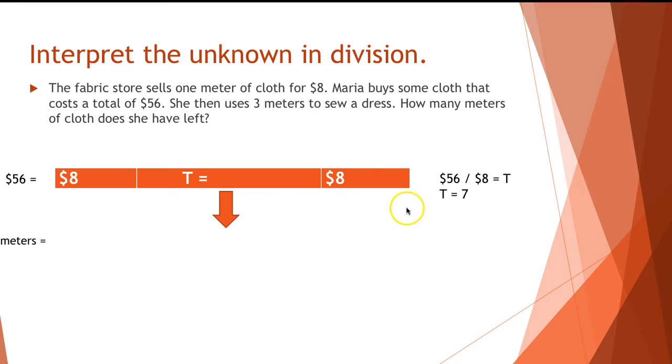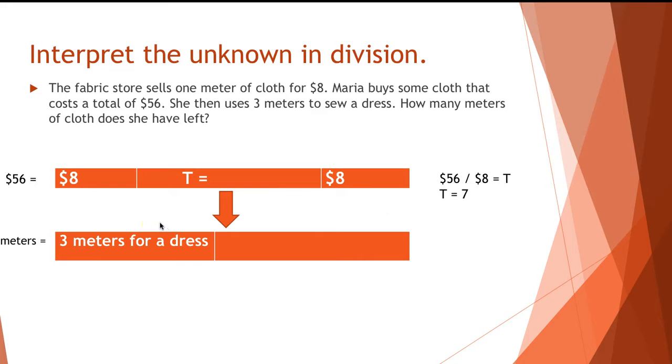Now, if we have 7 meters and we know that she used 3 meters for the dress, how many meters of cloth does she have left? How would we figure that out?